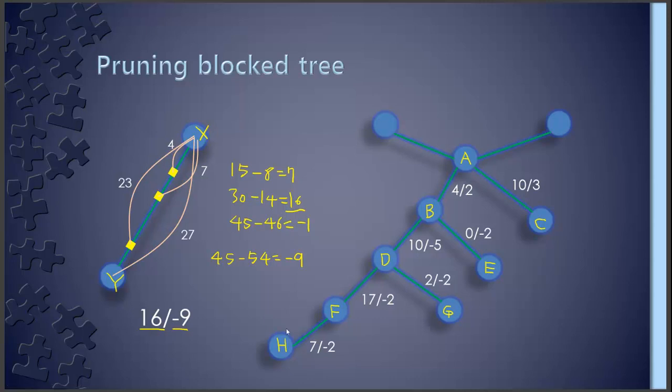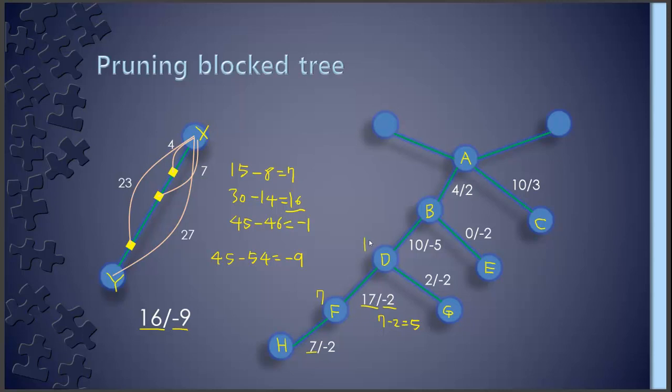Now let's apply this to the example on the right side. Imagine you are at node F and you would just take the points because you can get 7 points. Now, if you are at node D, you can get 17 points for just taking the points, and you will lose 2 points for visiting node F. However, at node F you can get 7 points, so you can get 5 points by visiting node F. However, the winner is 17, so you just take the points.